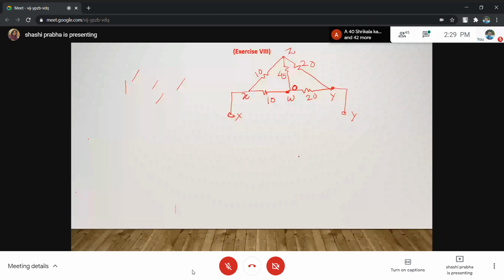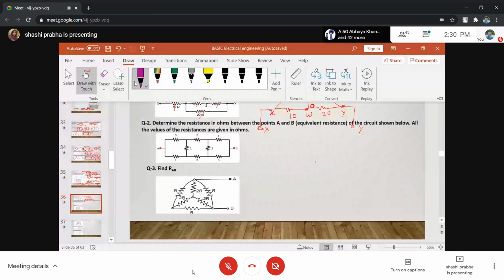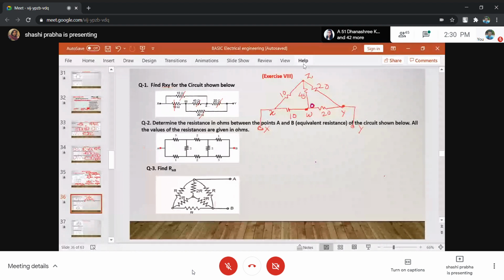Okay, we can take this as a start point. I'm marking it with O as a start because this seems to be very comfortable. So, which start point can we take?